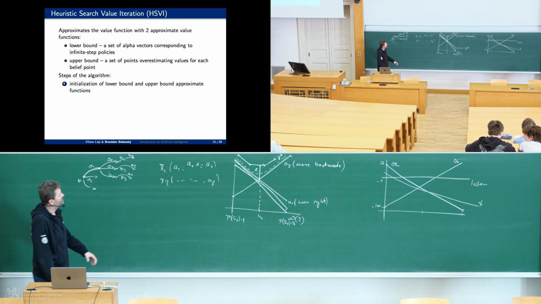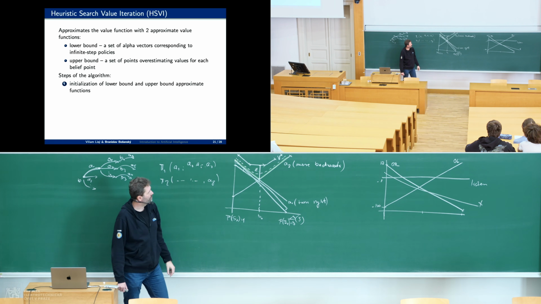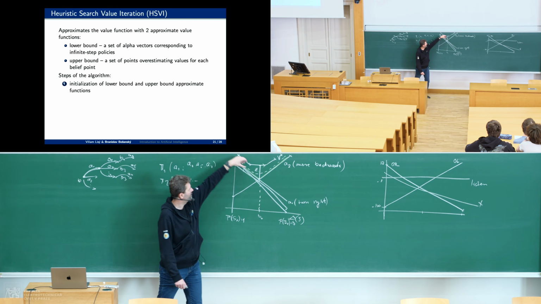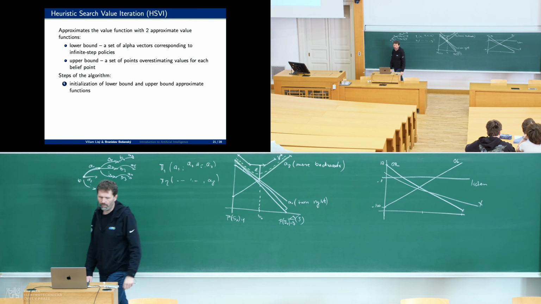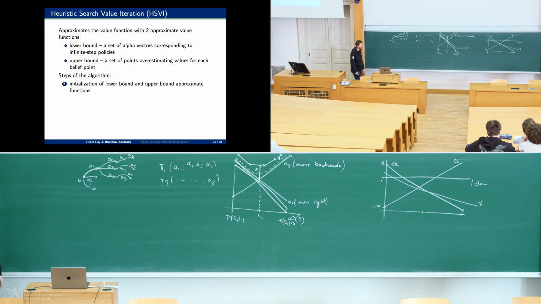So basically there are two updates: one in the standard way as in the point-based value iteration algorithm, and another update for the upper bound, for the optimistic estimation.